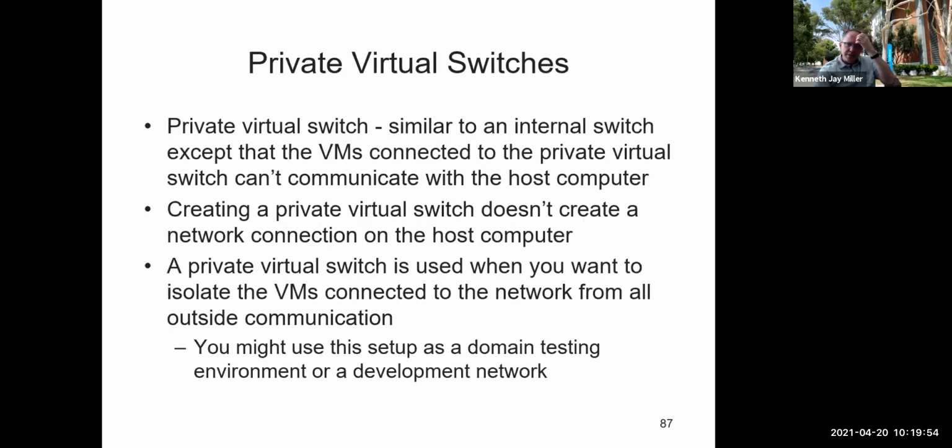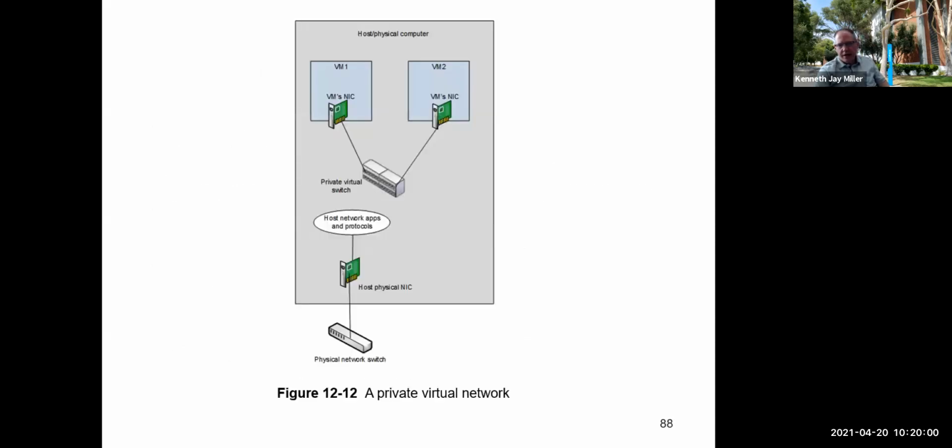Now, a private switch, only the VMs are connected to it. So if we look here, now our VMs are completely isolated from the host. Obviously in this scenario, only the VMs can communicate. They have no access to the outside.